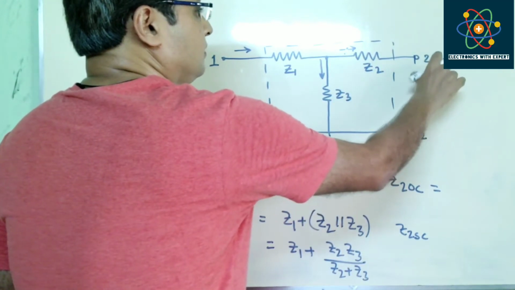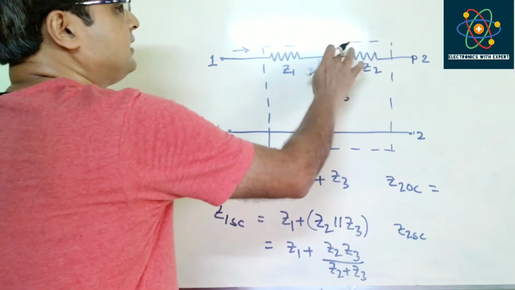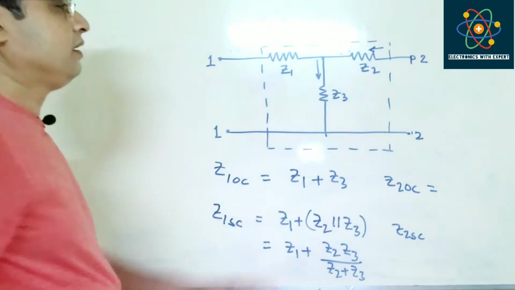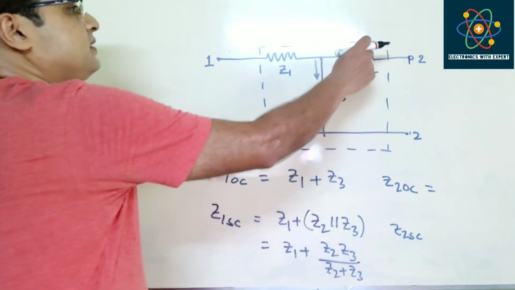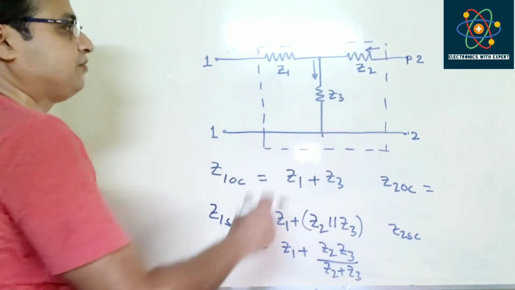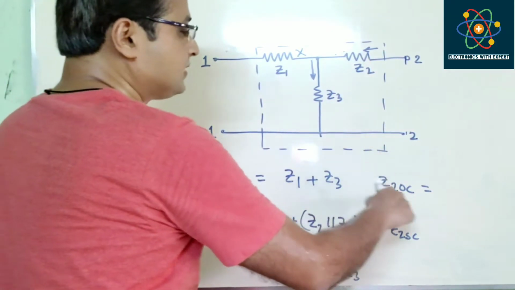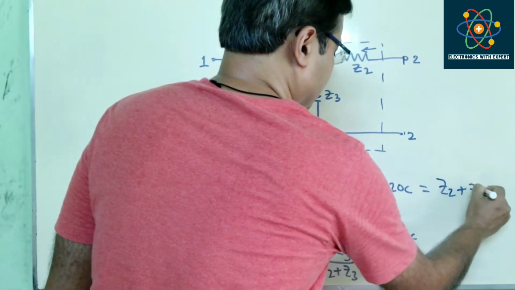Here we consider a current flowing through this terminal. Whenever 1, 1 is open, the current flowing across Z2 must flow across Z3, and it will not flow along Z1. That means Z2 OC becomes Z2 plus Z3.